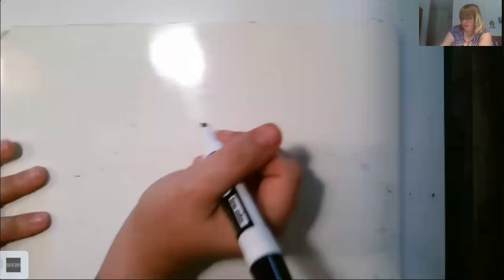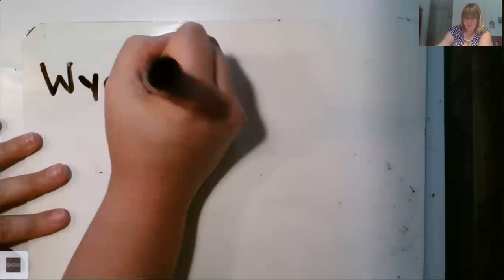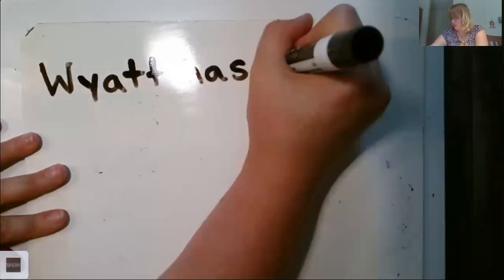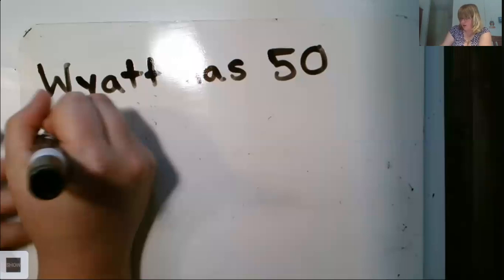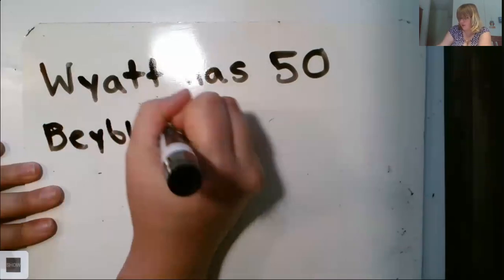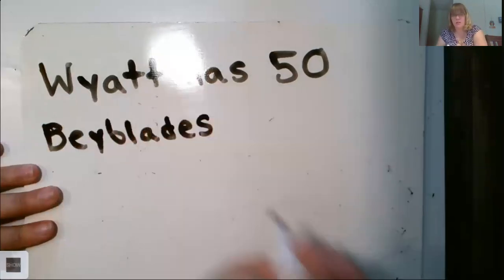So for this word problem, we're going to say that Wyatt has 50 Beyblades. And I'm sorry in advance, Wyatt, if I spell this wrong. I don't know how to spell Beyblades the right way.